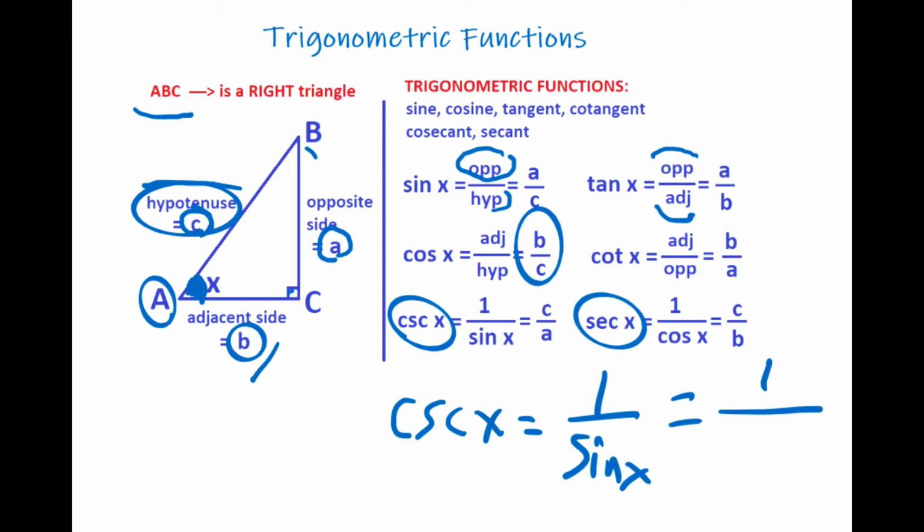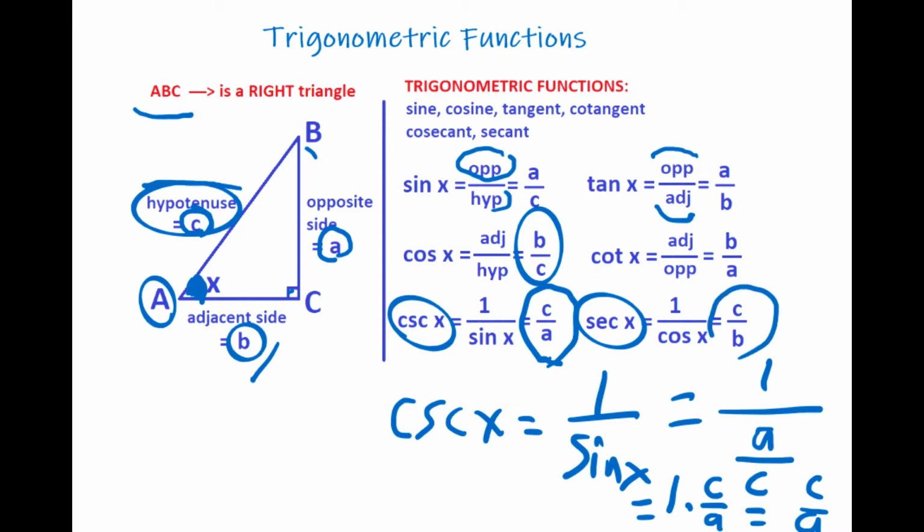Sine of x is A divided by C, so if I put A divided by C here, we're going to have 1 times C divided by A, which is C divided by A. So this is what we see here, C divided by A. Similarly, secant x is equal to 1 divided by cosine of x. From here we can see that this is C divided by B.